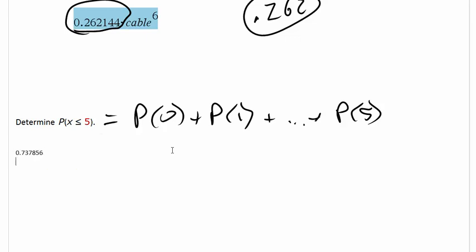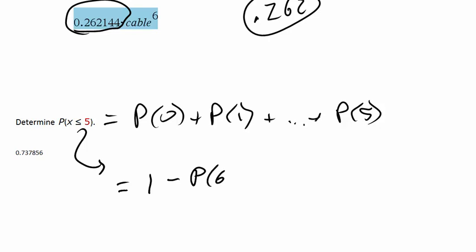Now, a slightly different way of playing the exact same problem is I could play complements. The probability that something was less than 6 is the complement of what if all of them actually had cable, and I subtract that from 1. So I ought to be able to find this same answer by just subtracting a single probability instead of adding up all of the other different pieces.